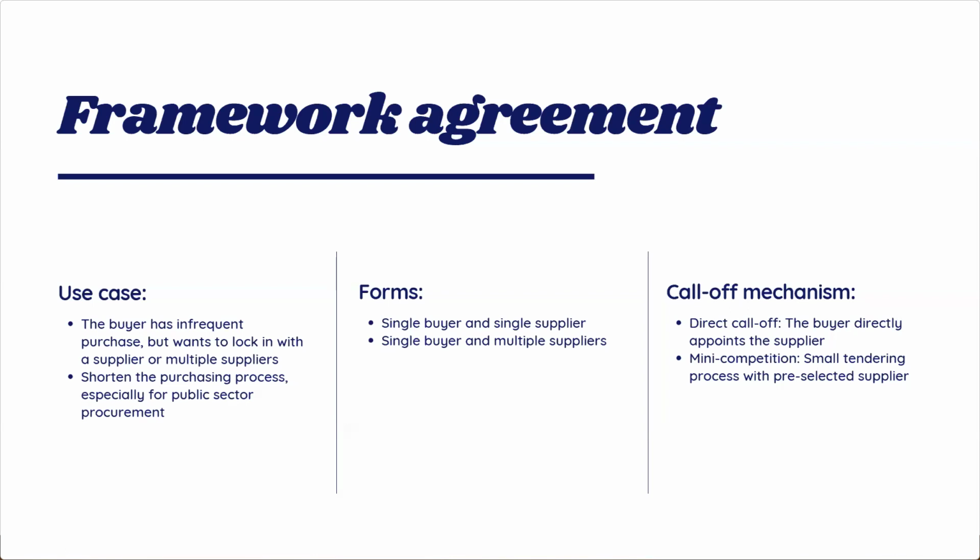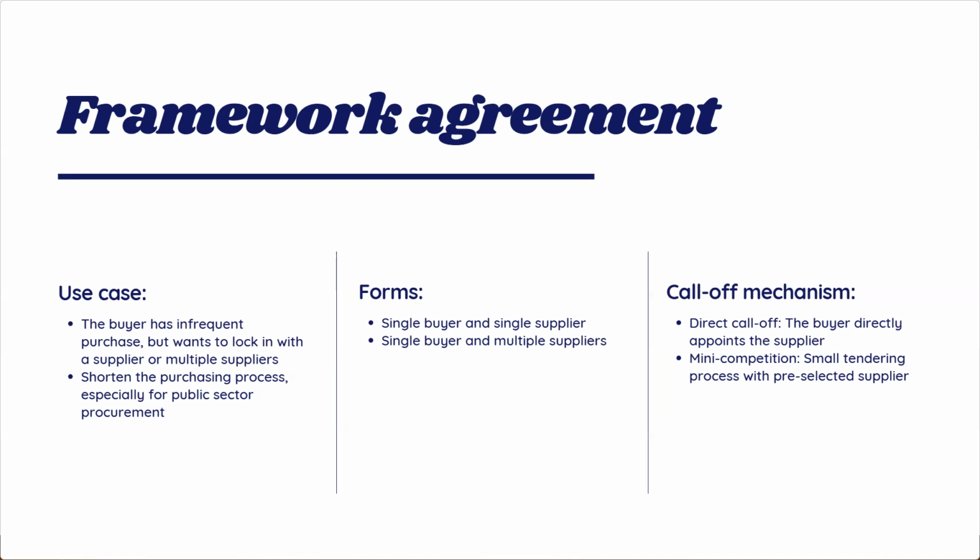Especially, you can use a framework agreement to shorten the purchasing process, and it is particularly helpful in public procurement, where the public agency must often go through the tendering process. This could be quite long, especially as regulations often require a minimum time frame for each step within the tendering process.